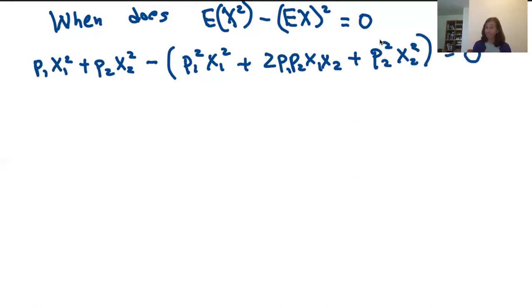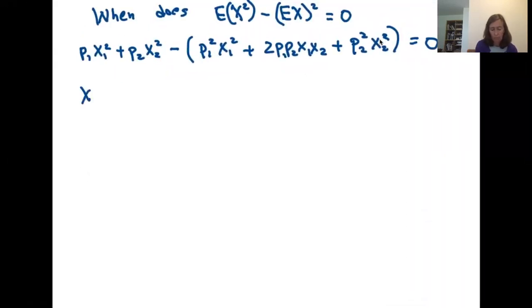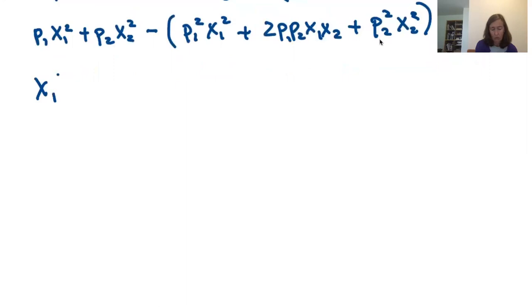Okay. Back to just the rules of basic algebra here. Let's distribute the negative sign and combine terms. I'm going to combine the x1 squared terms, and I need to be careful. X1 squared times p1 minus p1 squared. So here's my p1, here's my p1 squared.